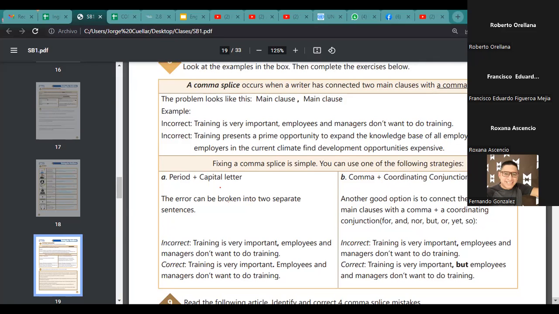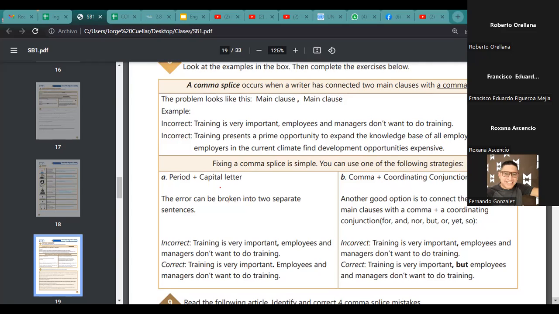Example, incorrect: Training is very important, employees and managers don't want to do training. Incorrect: Training presents a prime opportunity to expand the knowledge base of all employees, many employers in the current climate find development opportunities expensive.